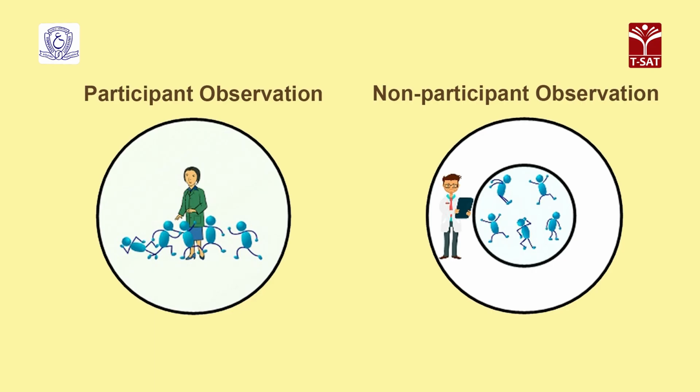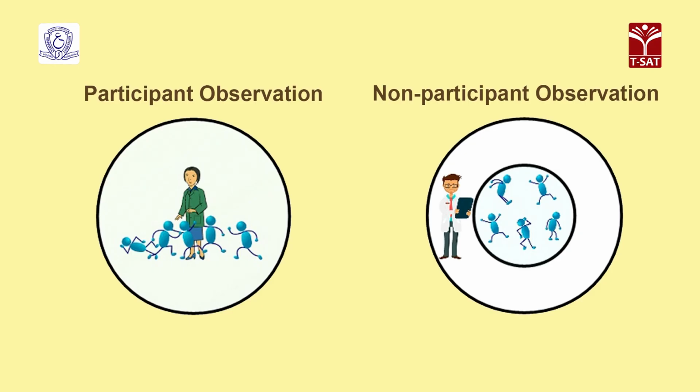The difference between participant and non-participant observation is that in the former, the observer himself takes part in a group and becomes a member of the group and also participates in their activities fully, while the latter refers to less or no participation of the observer in the group, its membership and activities.